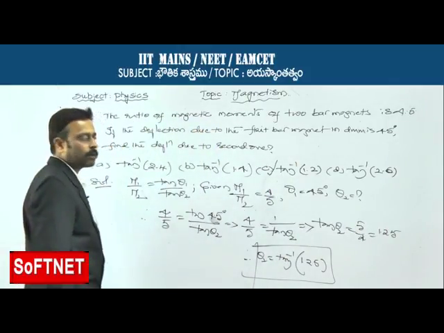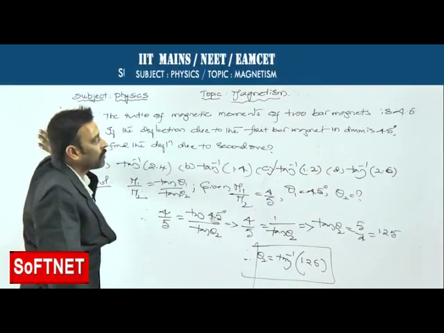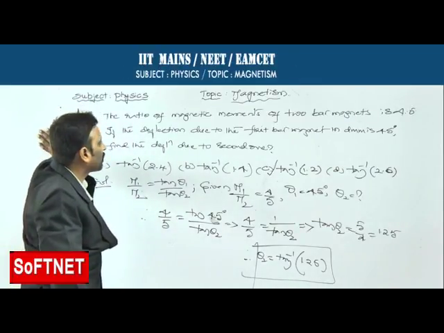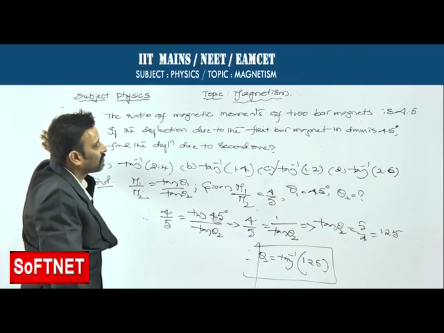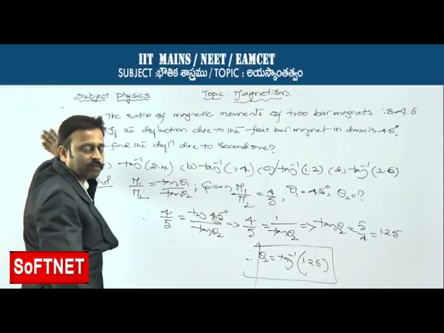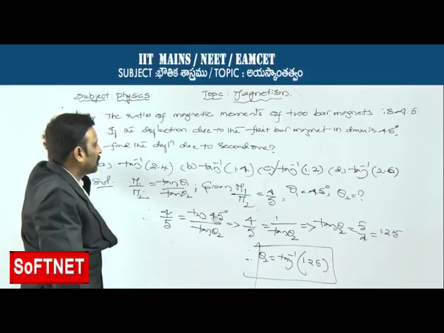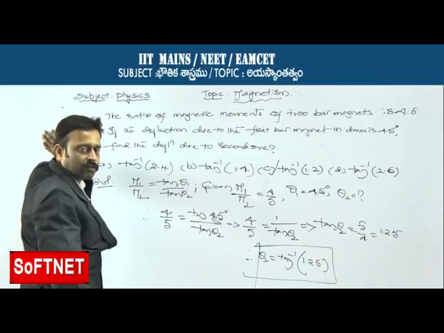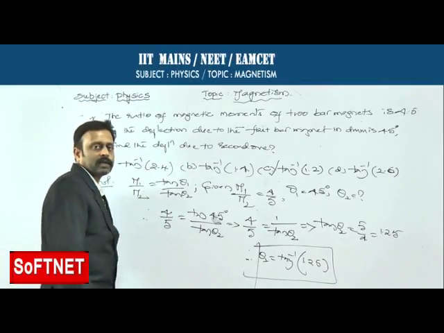I am repeating the problem once again. The ratio of magnetic moments of the given 2 bar magnets is 4:5. If the deflection produced due to the first bar magnet is 45 degrees in the DMM, you are asked to calculate the deflection due to the second bar magnet. In DMM by the equal distance method, the formula to calculate the ratio of magnetic moments is M1 by M2 is equal to tan theta 1 by tan theta 2.